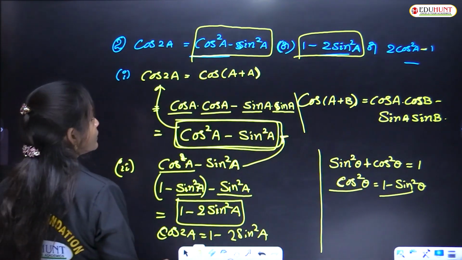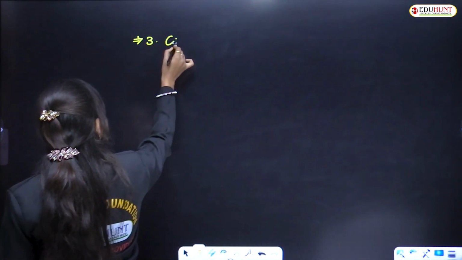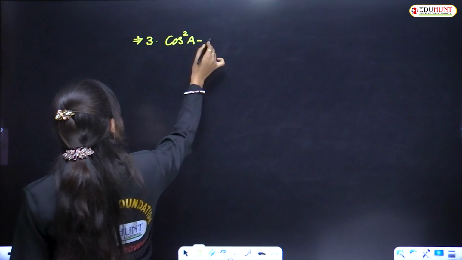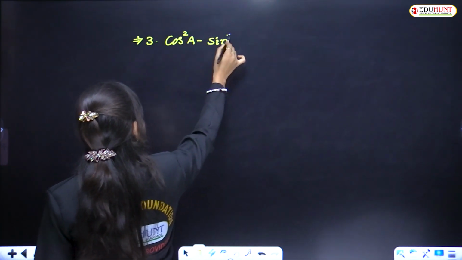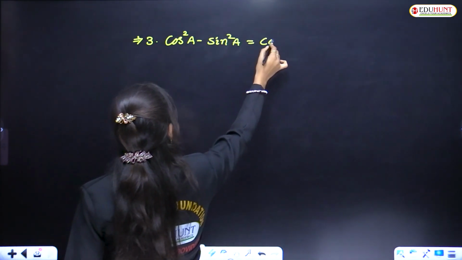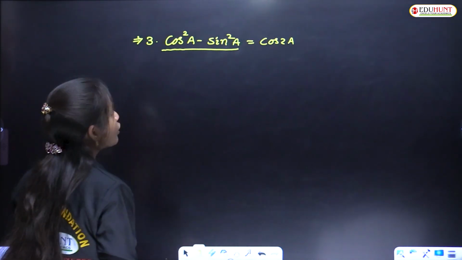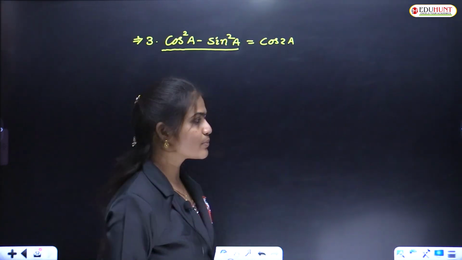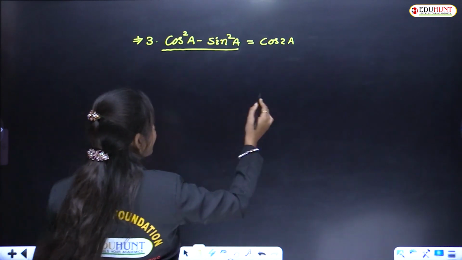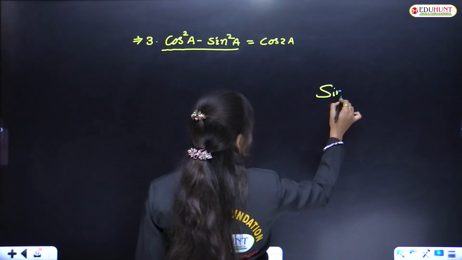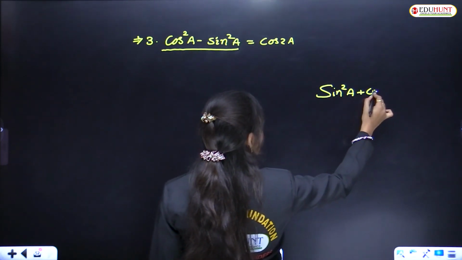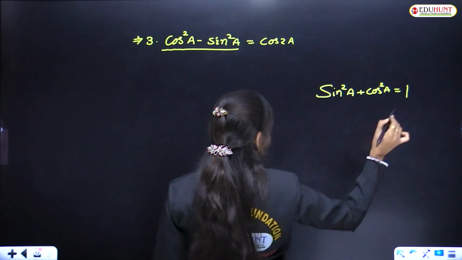Okay. So next see that, again for that third one I am taking that cos square A minus sin square A. First formula, that one only I am taking. That is equal to cos 2A formula, no? So here I am taking this one, cos square A minus sin square A. Okay. So here sin square A plus cos square A is equal to 1.